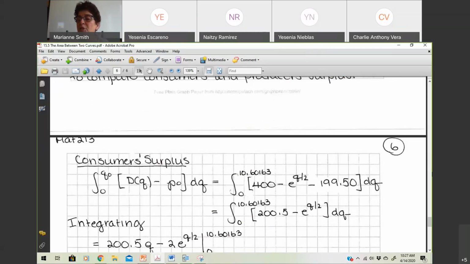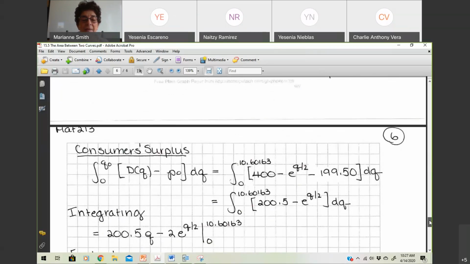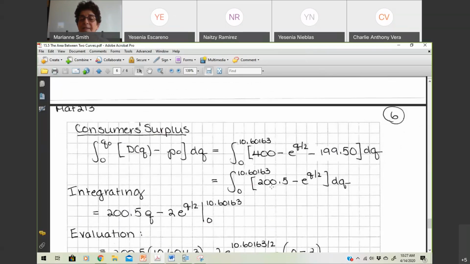And then here I'm just doing an integral. Remember, this one is a constant, so it's as if I had Q to the 0 multiplying it. So I'm going to add 1 to that 0 and put it over 1. So here's where the Q pops into existence. So I get 200.5Q. You might remember with this one, you basically are going to wind up with the same exponential over the k in the exponent.